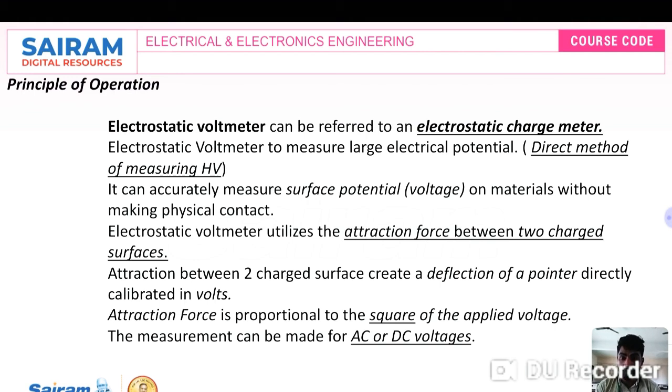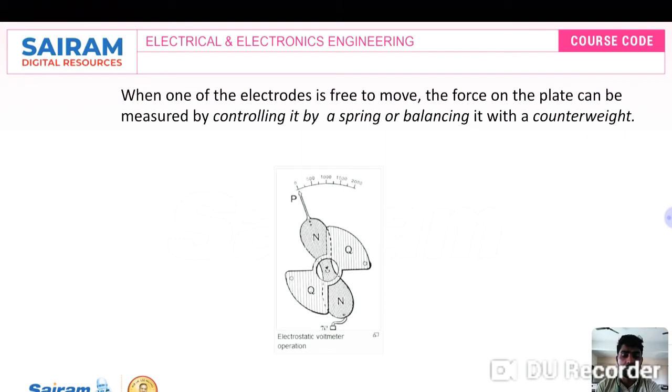The attraction force is proportional to the square of the applied voltage. Already we know force is directly proportional to V square. Measurement can be made for AC or DC voltages. This electrostatic voltmeter can measure both AC and DC voltages.